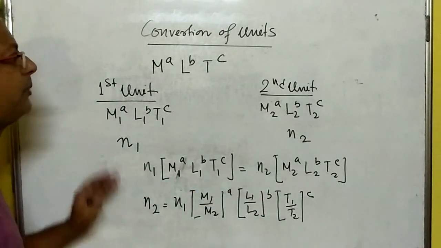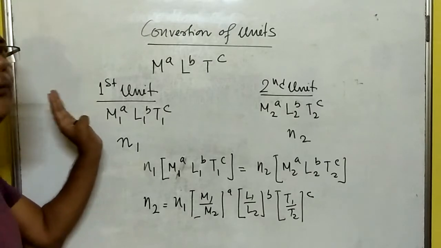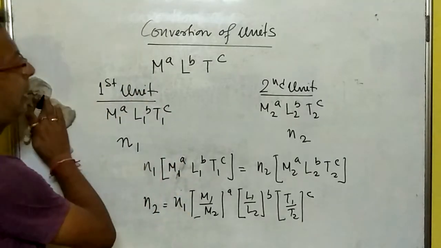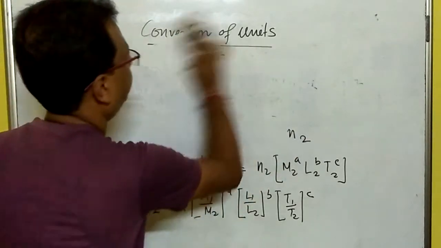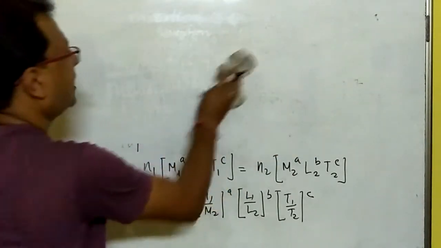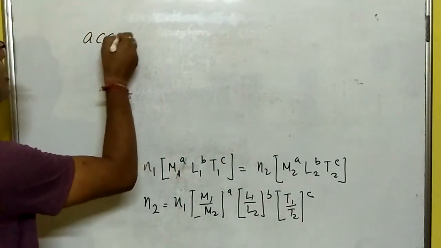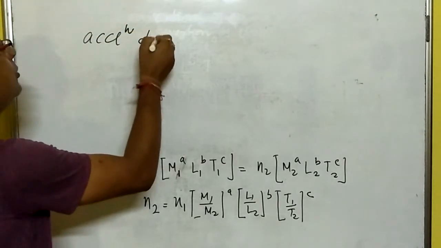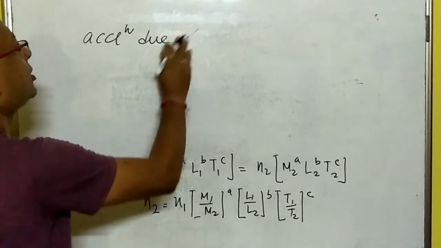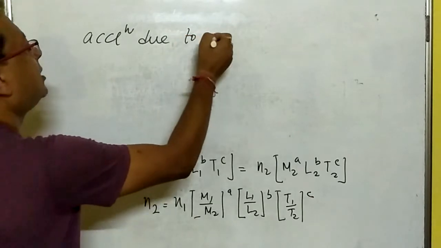Now, let us take an example and see how we can convert from one unit to another. Let's take the example of acceleration due to gravity.